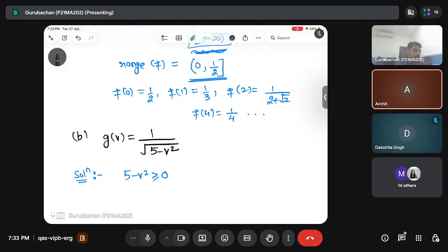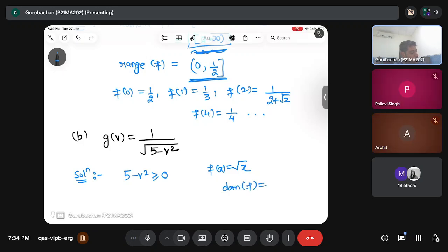No, sir. Why? Sir, 1 by 0 is not defined. In the usual case, when you talk about only f(x) equal to under root x, then you will say the domain of f will be 0 to infinity. That means x can be greater than or equal to 0.